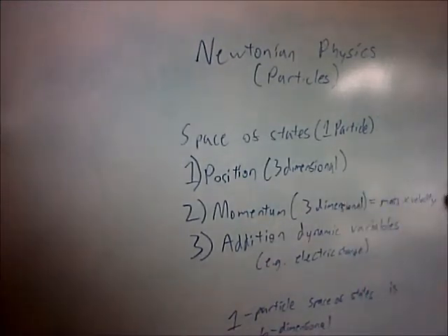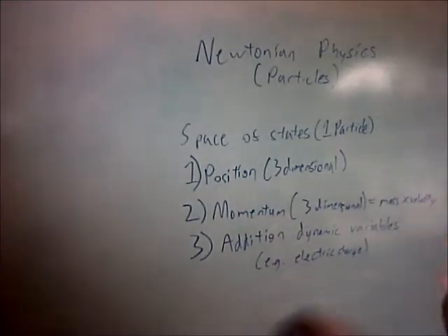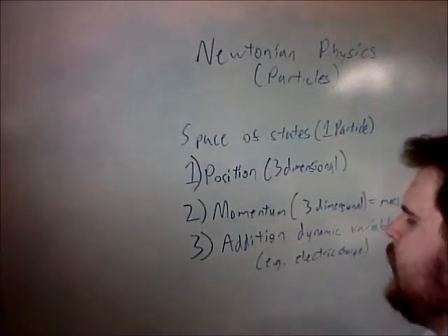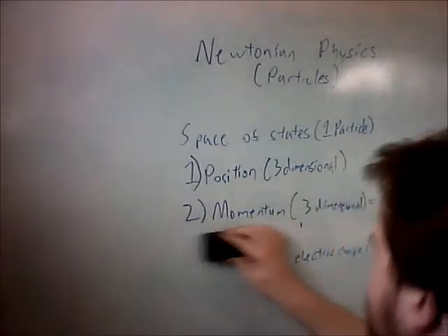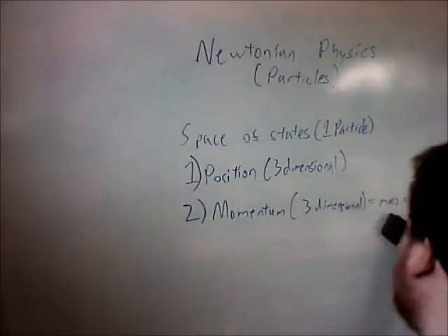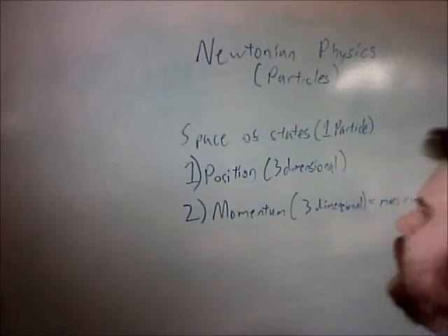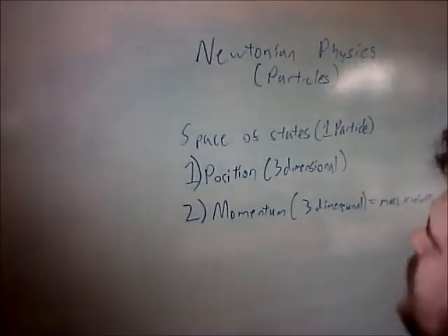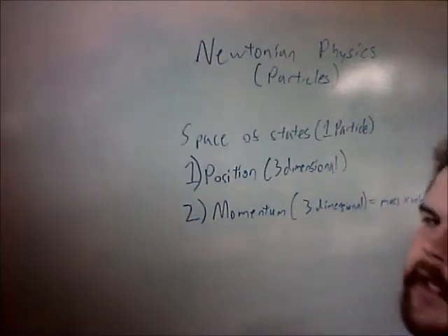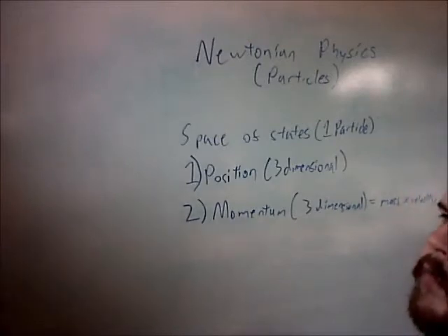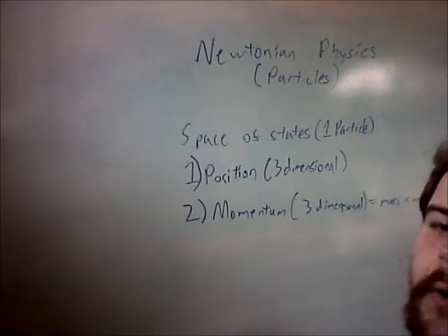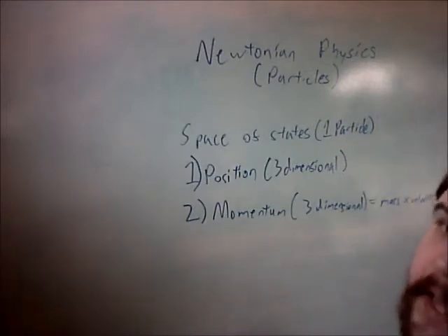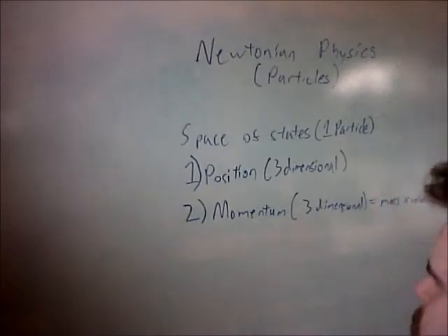And so what that means is that for a two-particle state, and we're not including the additional dynamic variable considerations right now. We will get to those later. Those are currently not relevant. The space of states for a single particle is a six-dimensional ordinary flat space. But it's flat space with 6 dimensions rather than flat space with 3 dimensions.